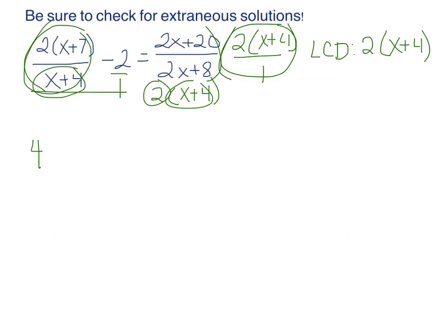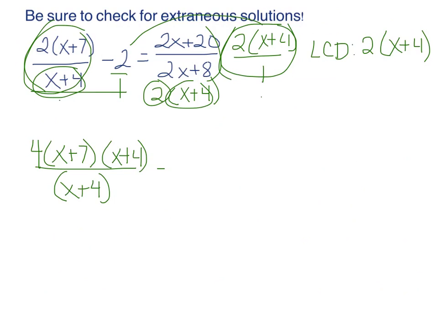And I have x plus 7. I'm not going to multiply this out right now. And x plus 4. And then I have x plus 4 times 1, so over x plus 4. Then I have minus, and then I'm going to multiply this all by the 2, so 4 times x plus 4 over 1 times 1 is 1 equals, and then multiply these two.